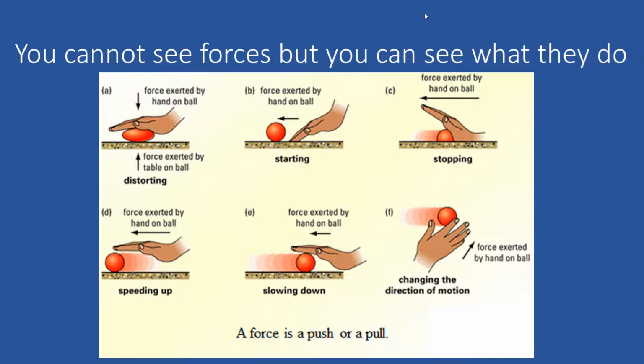The first effect is distorting: when I change the shape of the object, for example a force exerted by hand on a ball. The second effect is starting. For example, a ball is at rest, I push the ball, and the ball starts to move.